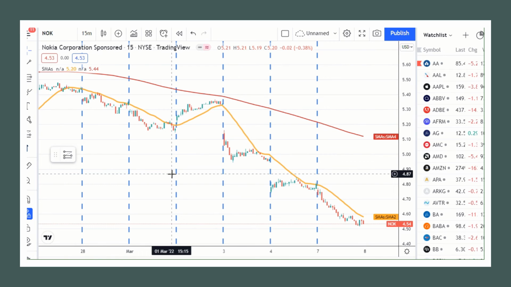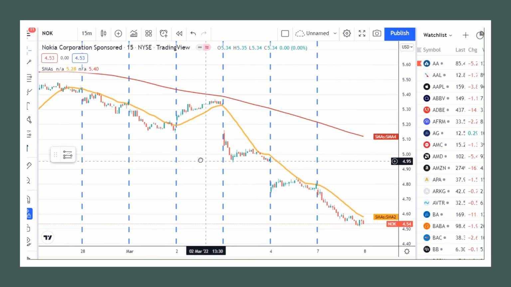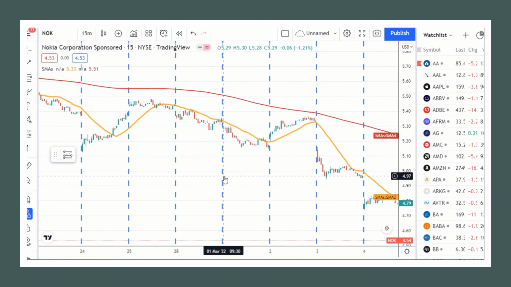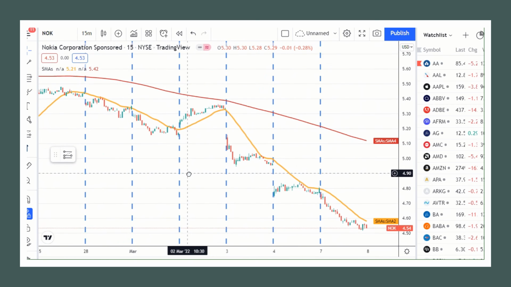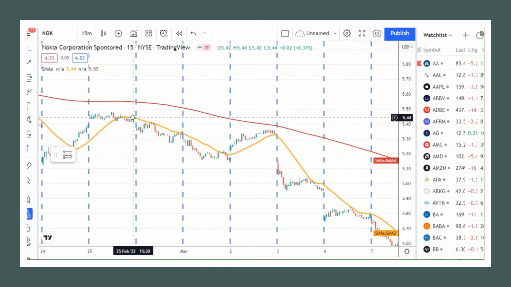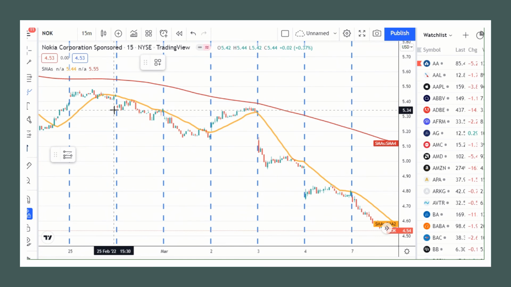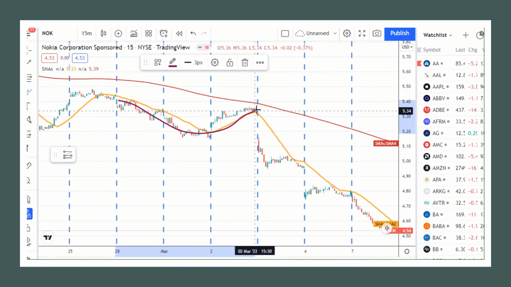All right. So we've got Nokia here. And again, it's in a downtrend. You've got the larger red candles, ranging candles. We've got a large gap going down, larger red candles.